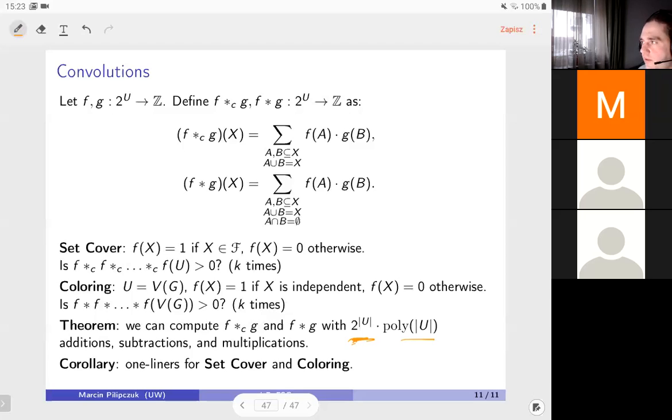If you looked at how the join node for the dominating set problem looks, it was quite complicated. What Wojtek will show in the tutorials, as the hint for the tutorial, is that you can use the convolutions to speed up join nodes, for example in dominating set, but also in many other problems.